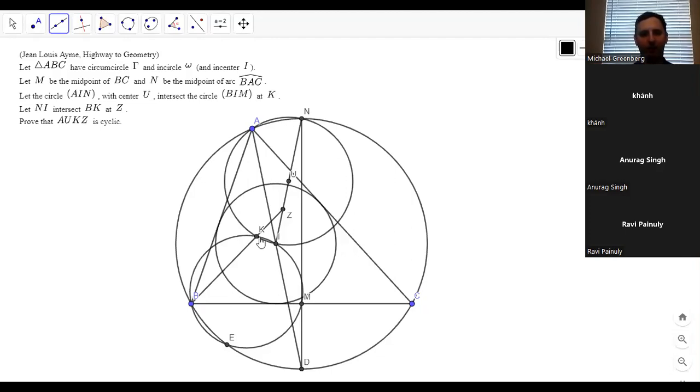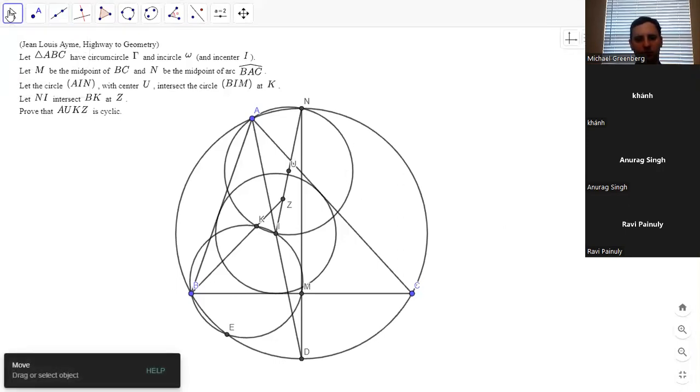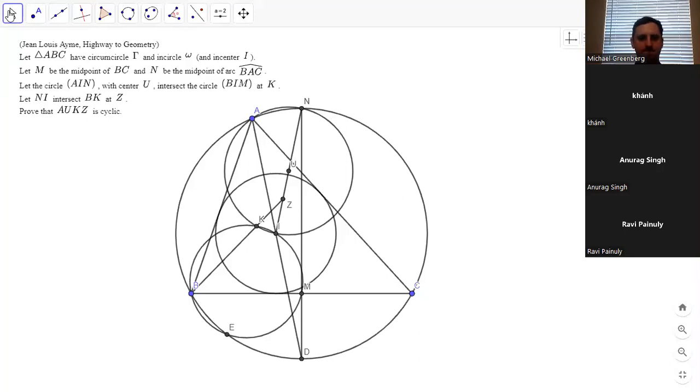Yeah, maybe K, I was going to say maybe K and Z are isogonal conjugates, but they're not, because they're not from angle B. Yeah, I'm trying to use the isogonal line lemma. But I'm not sure how good of an idea it is.